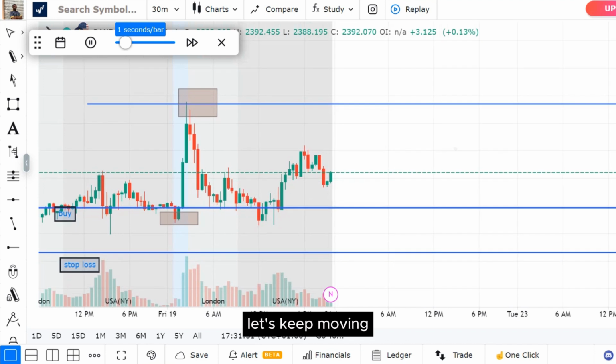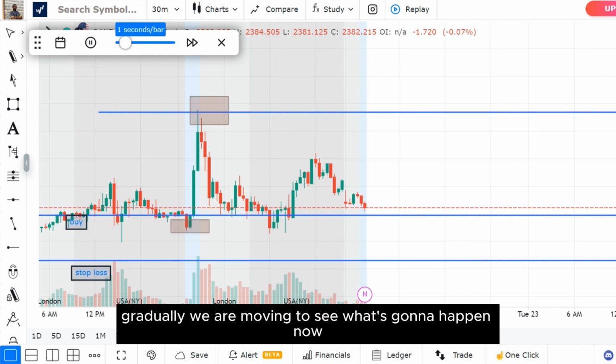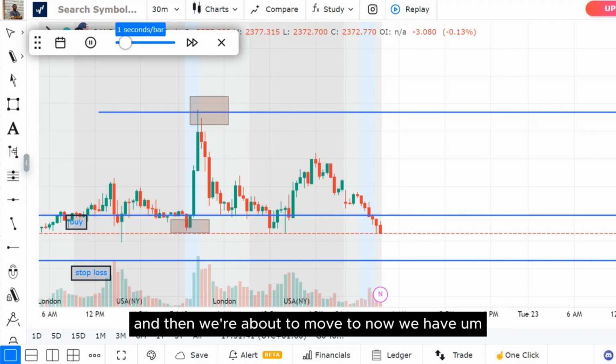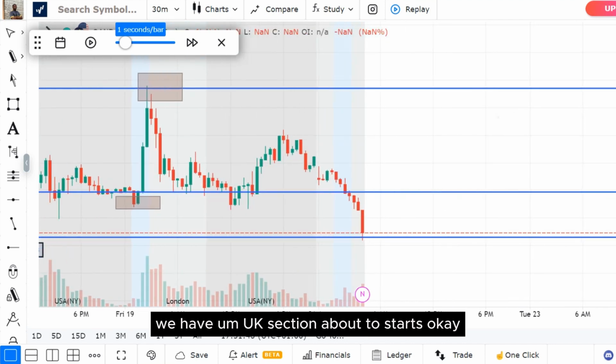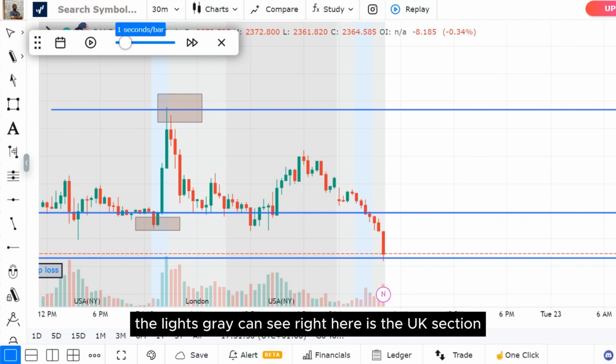Now, let's keep moving and see what's going to happen in the next day. So, gradually, we are moving to see what's going to happen. Now, this is Asian. And now we have the UK section about to start. Okay, the light gray you can see right here is the UK session.